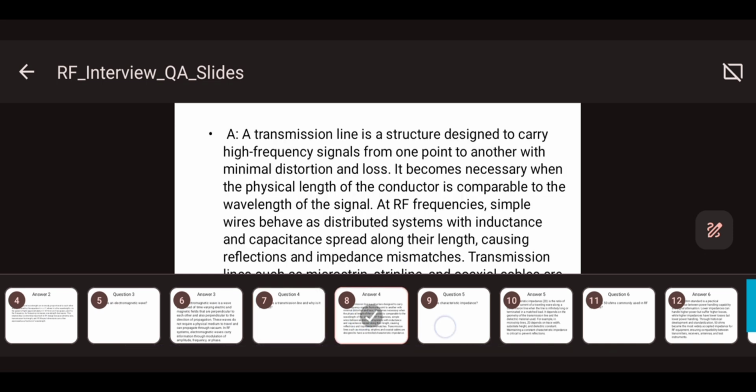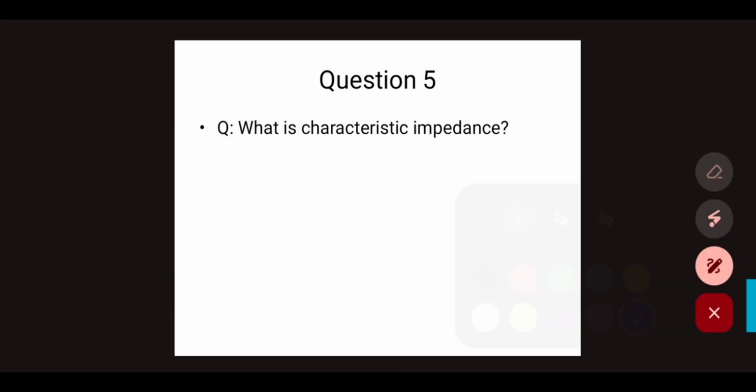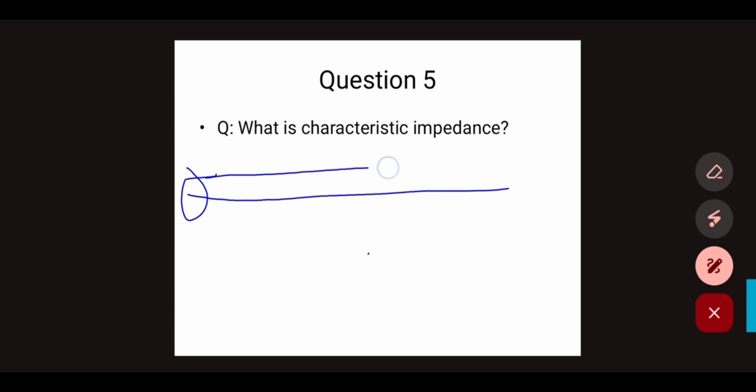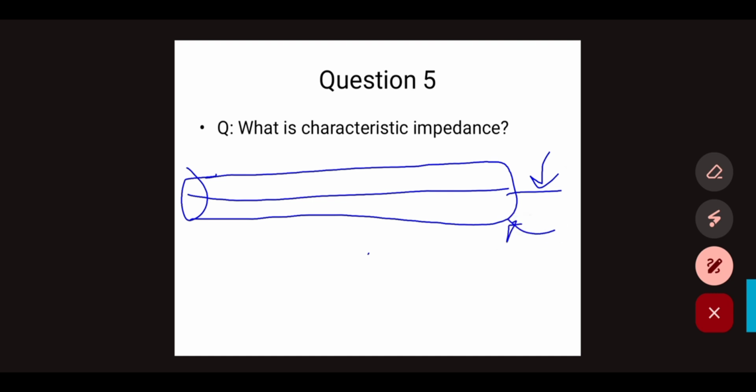Then, what is characteristic impedance? Suppose imagine we have something like coaxial cable here. Please consider this is the conductor filled with dielectric material, and this one is the sleeve.